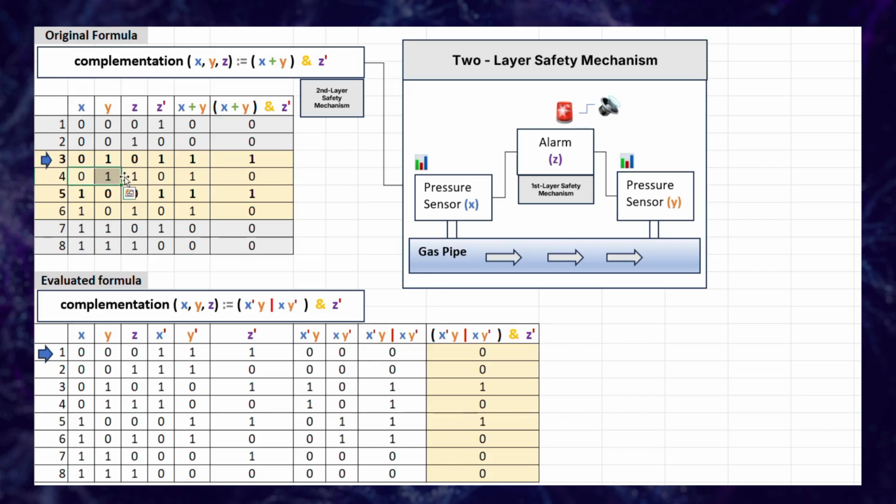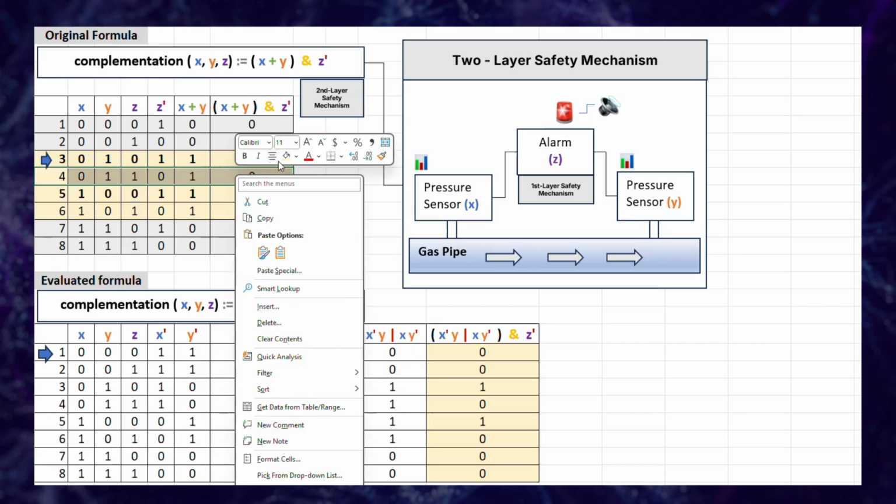So here x is 0, y is 1. x is 1, y is 0. And what is the common between the two? Both of the z is 0. So we remove this one.